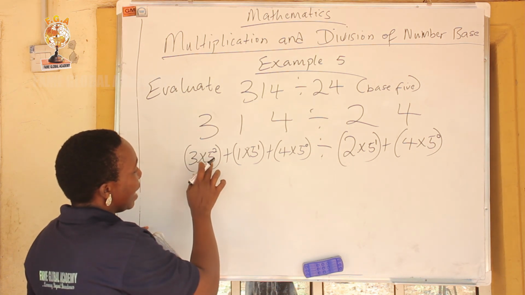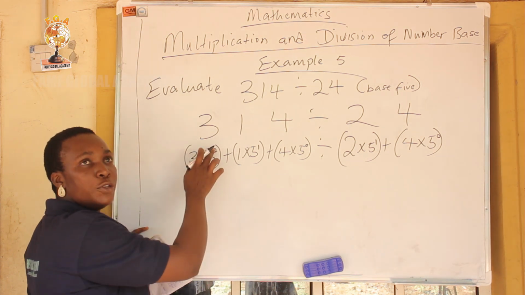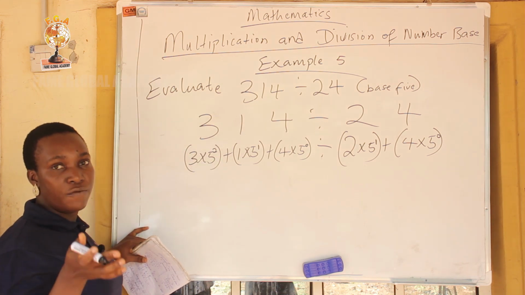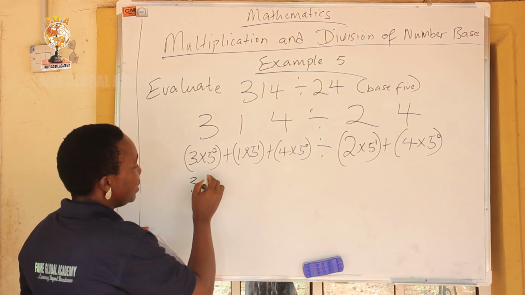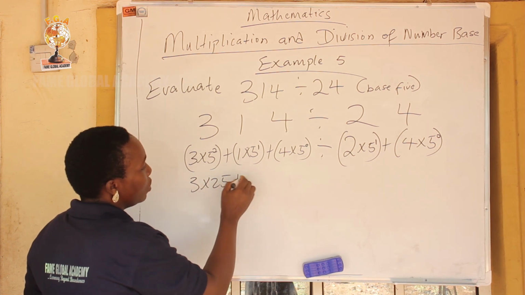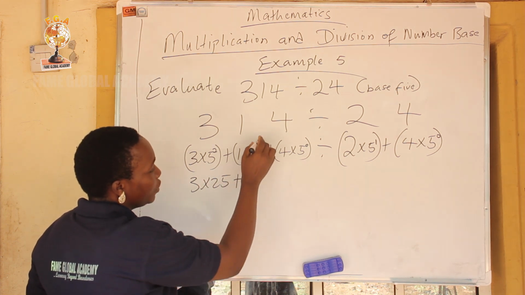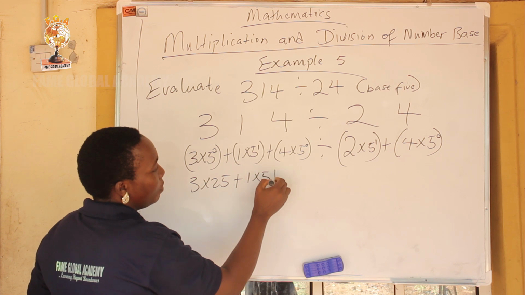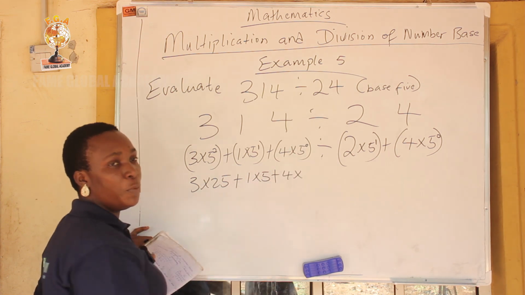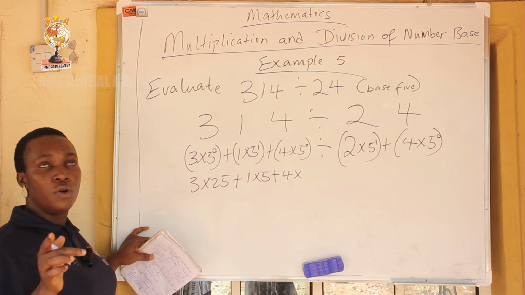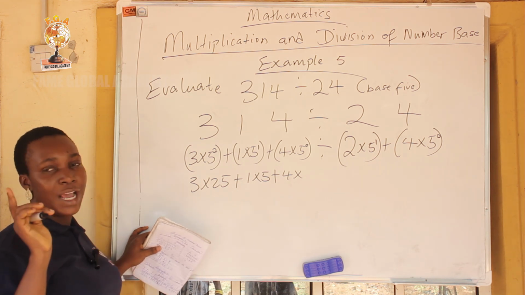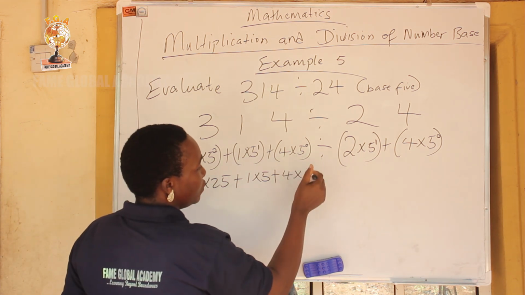This will give us 3 times 5 raised to the power of 2. 5 raised to the power of 2 means 5 times 5, which is 25. So we have 3 times 25 plus 1 times 5 raised to the power of 1, which is 5, plus 4 times 5 raised to the power of 0 is what? I said it before. Any number raised to the power of 0, the answer is 1. So 5 raised to the power of 0 is 1.